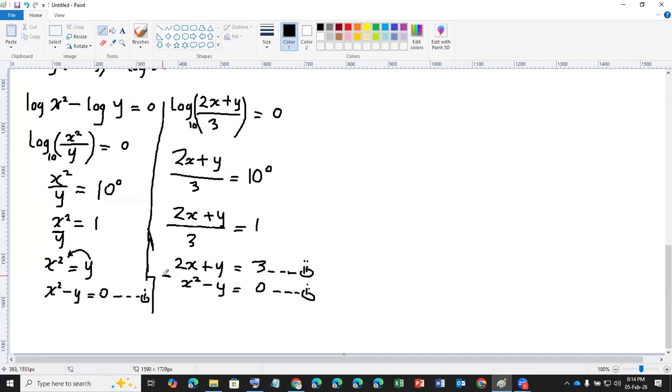Okay. So let me just add it. So equation 2 plus equation 1. So let's see how it's going to come out. Now this one, I want you to look at it carefully. Right? 2x plus x squared. You can write it as x squared plus 2x, right? Yes, sir. Okay, just write it like this.